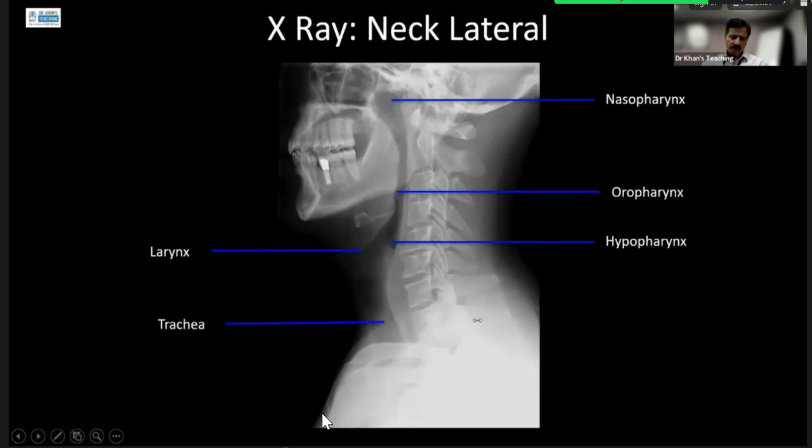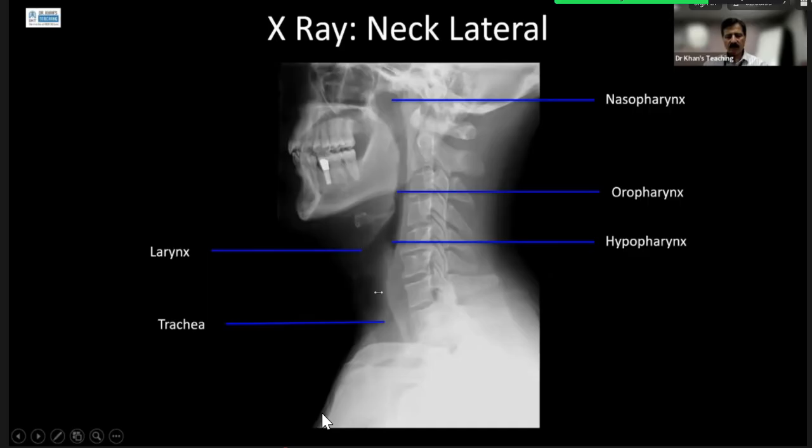On an X-ray, this is how it looks like. Of course, here I've selected a case in which there is an air column. It is not a must that you will see an air column like this. So we can see that this is the nasopharynx, and here you can imagine has to be the oropharynx, and this is the epiglottis.